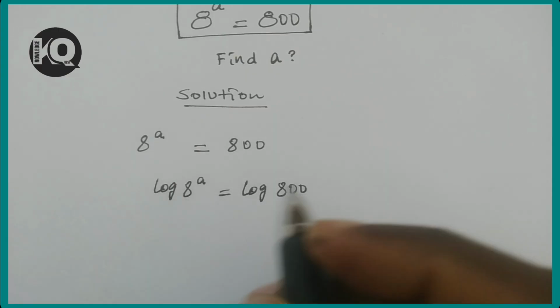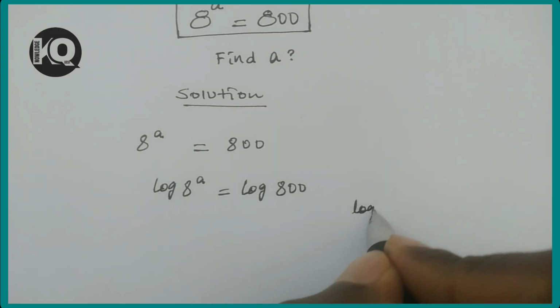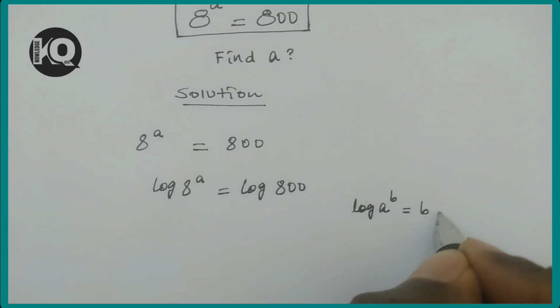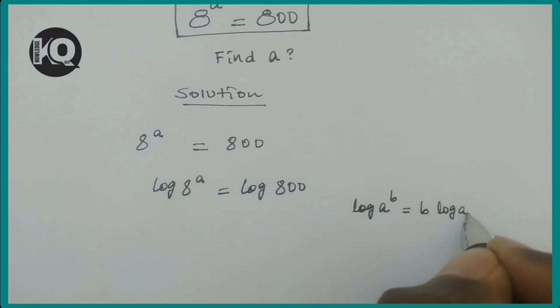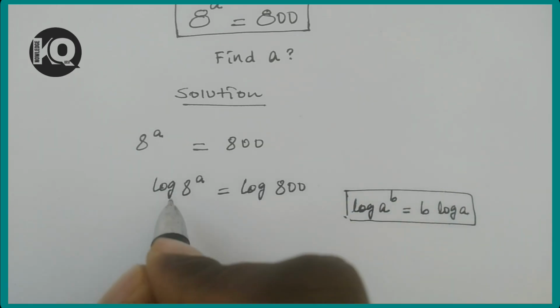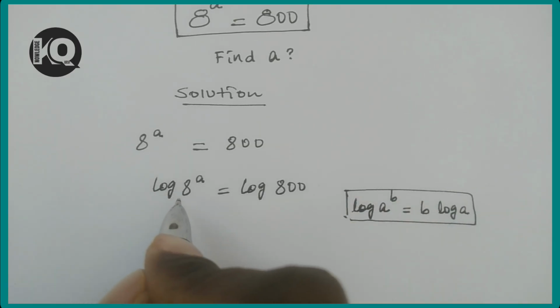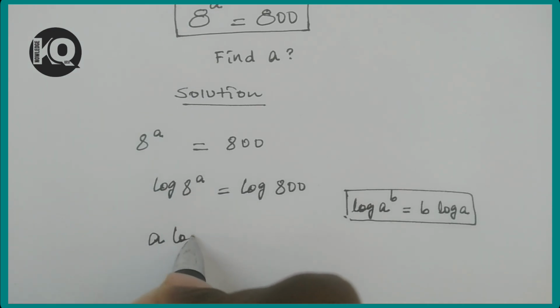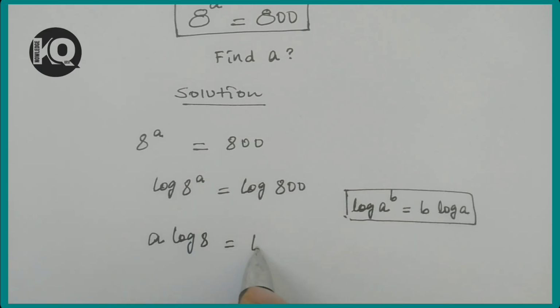From the rule of logarithm, log of a to the power of b is equal to b times log of a. Applying this rule, log 8 to the power of a will be a times log of 8, which is equal to log of 800.